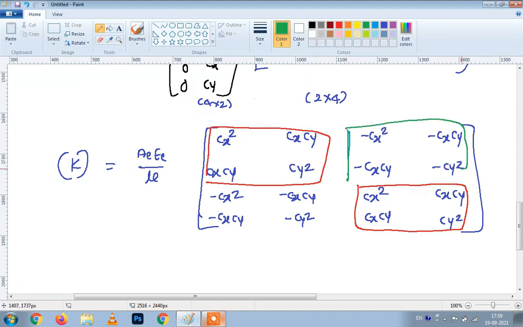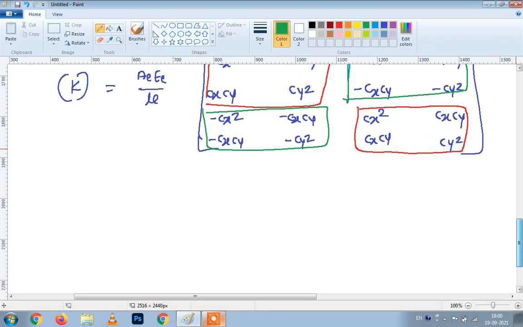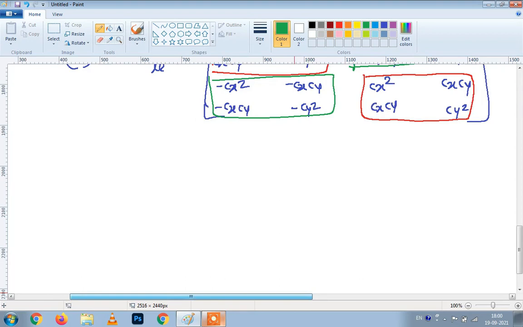So minus Cx square, minus Cx Cy, minus Cx Cy, minus Cy square, and here also the negative terms are written. So we have to just remember the 2 by 2 matrix, and we can write down this 4 by 4 matrix completely. So this is the global stiffness matrix for a two-dimensional element. It is written like this, a 4 by 4 matrix.